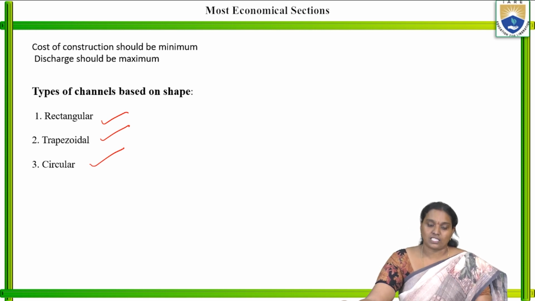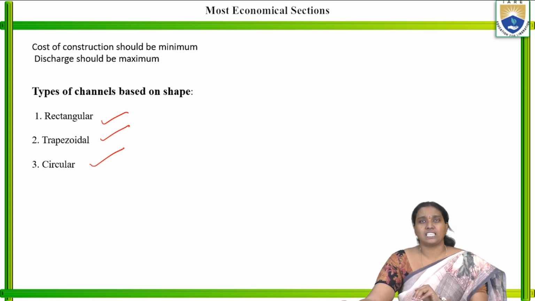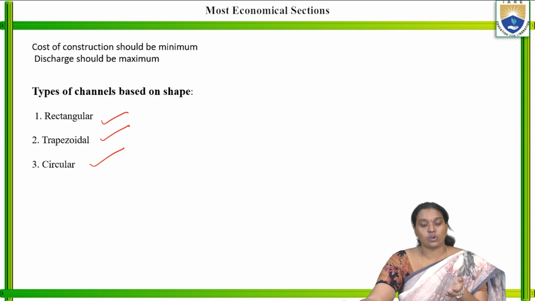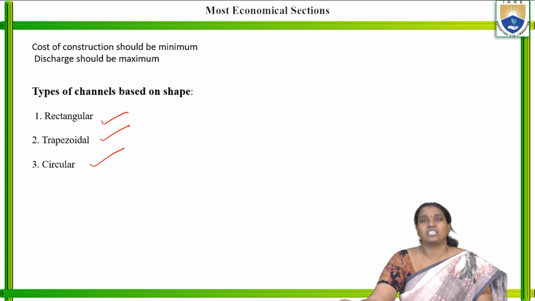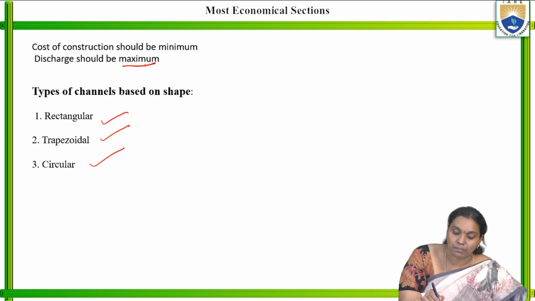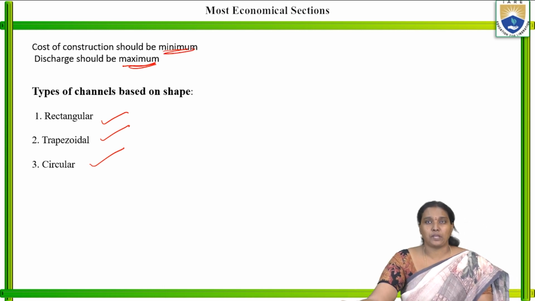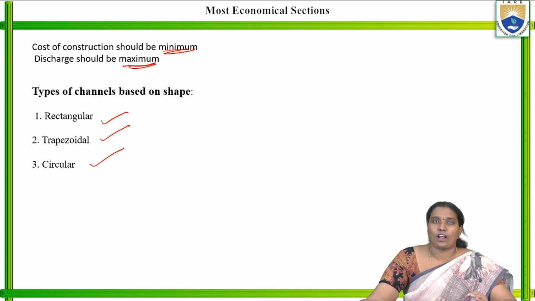The cost of construction should be minimum and discharge should be maximum. These are the two parameters we are considering for the most economical section.